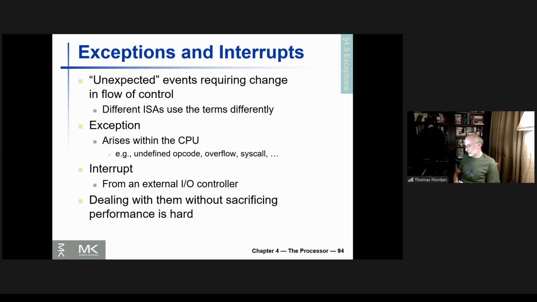Okay, so we'll just say a few words here about exceptions and interrupts, and then we'll do tonight's quiz. The beauty of exceptions and interrupts is that they look really like procedure calls.